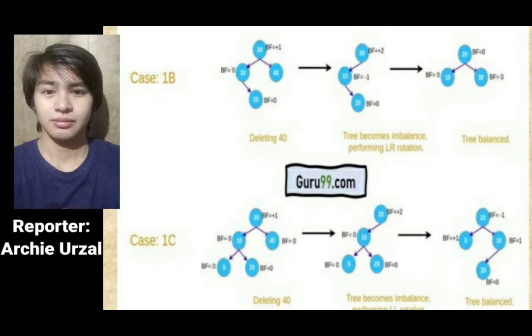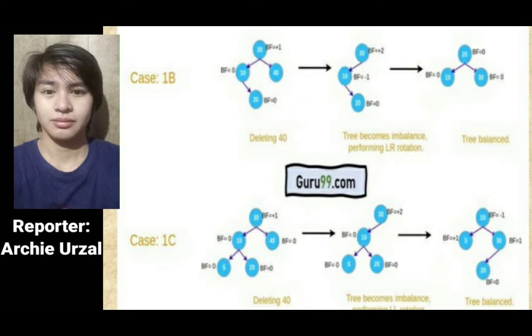In case 1b, the tree is imbalanced as the balance factor of 30 equals 1. And this is the left-right imbalance. So you can perform a left-right rotation.